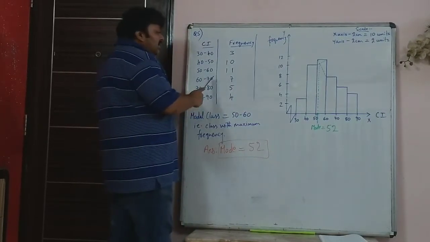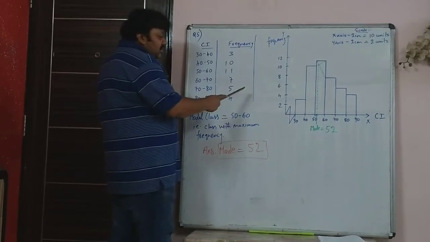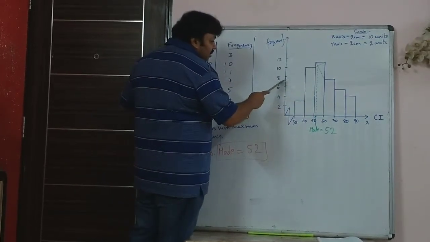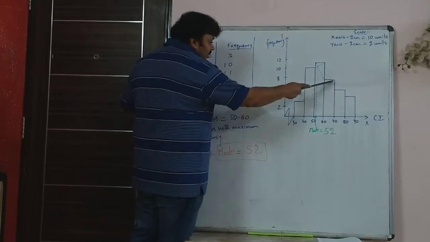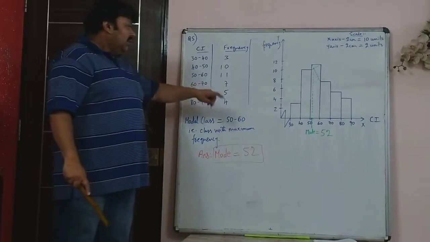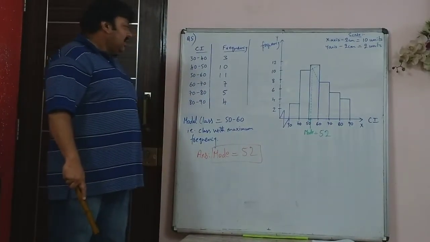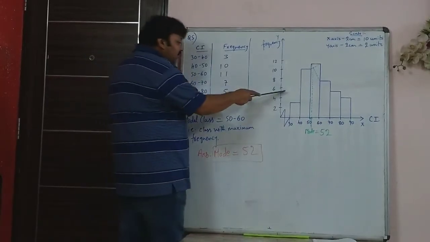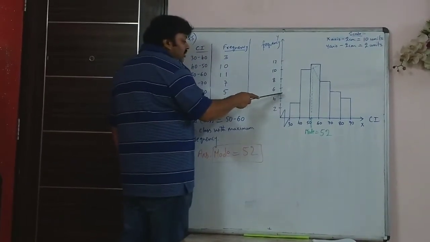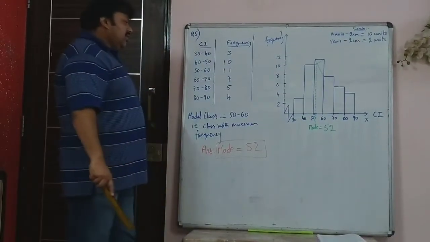Next, 60 to 70 has frequency 7, so the bar is between 6 and 8. Then after that, 70 to 80 has frequency 5. This is exactly between 4 and 6, that is frequency 5. That is 70 to 80.